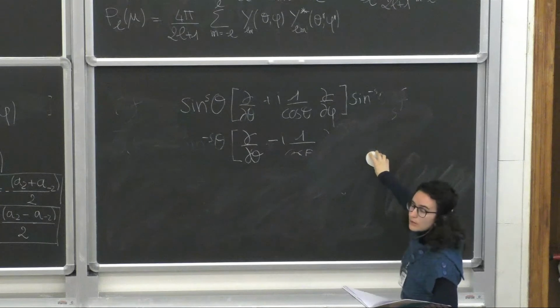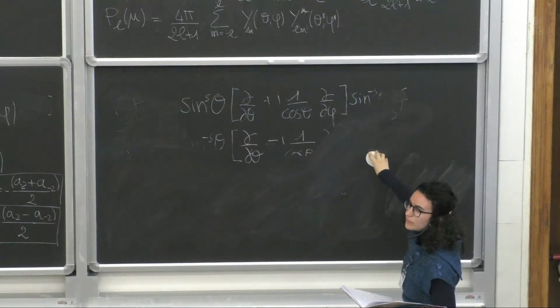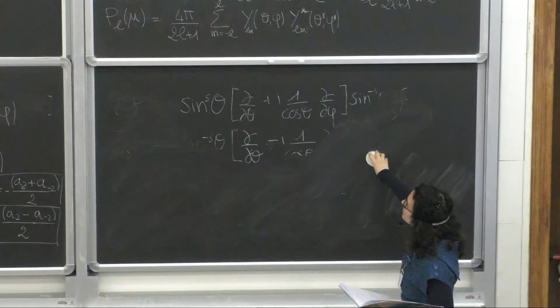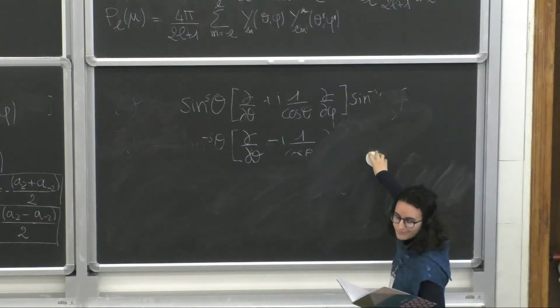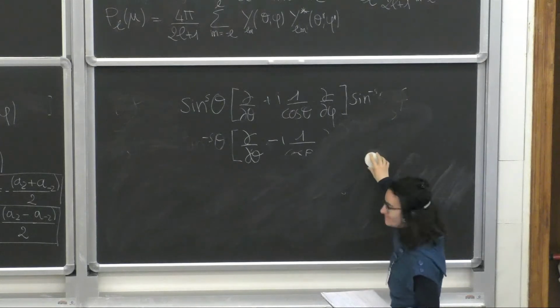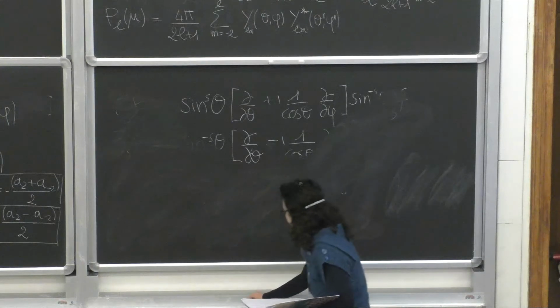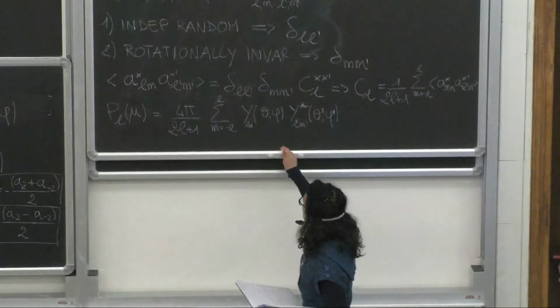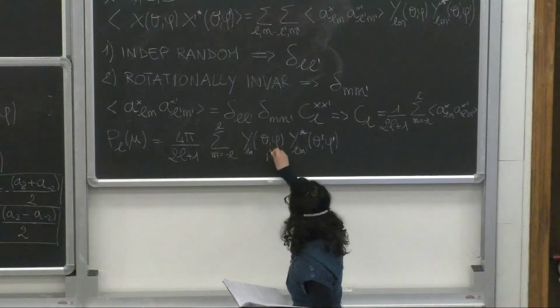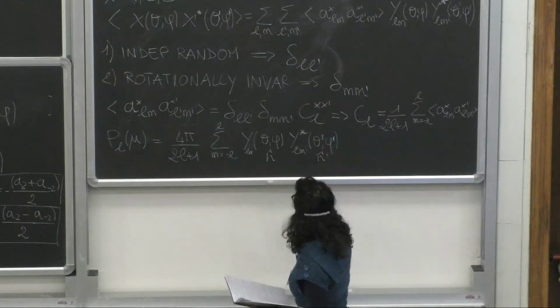I think that the general rule is that the first spherical harmonic is dependent on the n direction, and the second one on the n prime direction. Yes, n and n prime. Correct. So this will be, let me just write this.